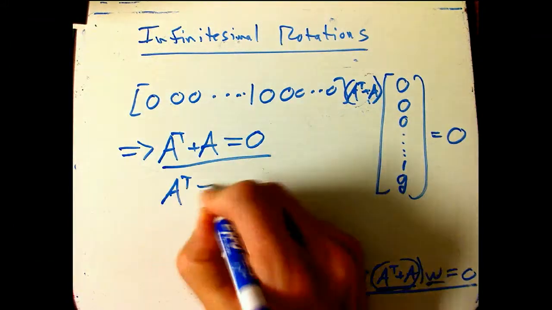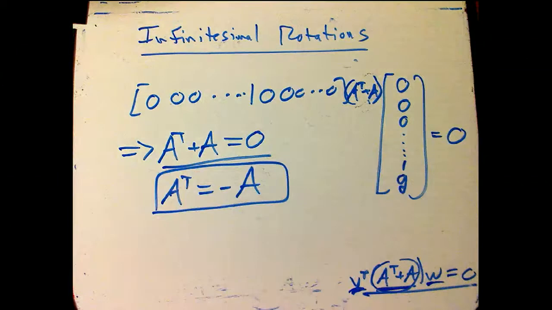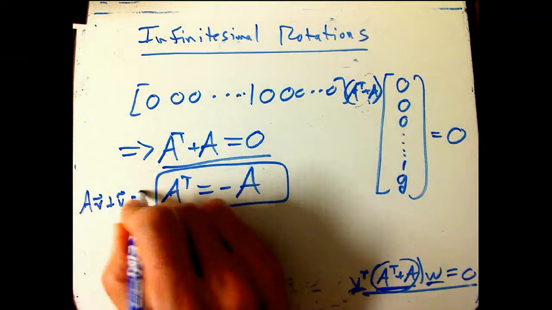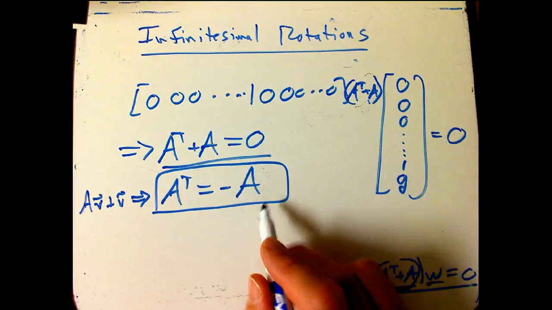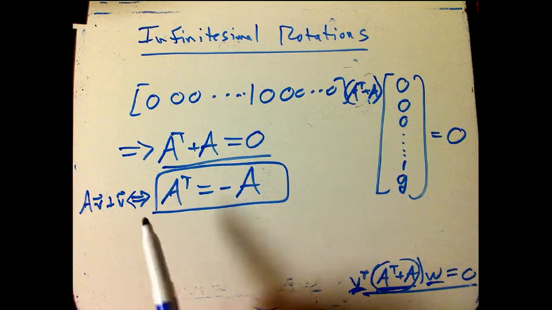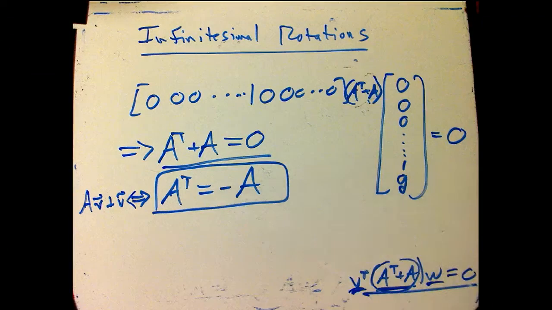Or in other words, it's an anti-symmetric matrix. Okay. So that's a proof that if I have this property that Av is perpendicular to v for all v, then A actually must be anti-symmetric. It's not too hard to reverse it, and in fact, it's an if and only if. If you look at the steps we did, they're mostly reversible. So it's not too hard to rejigger it into a bidirectional proof.